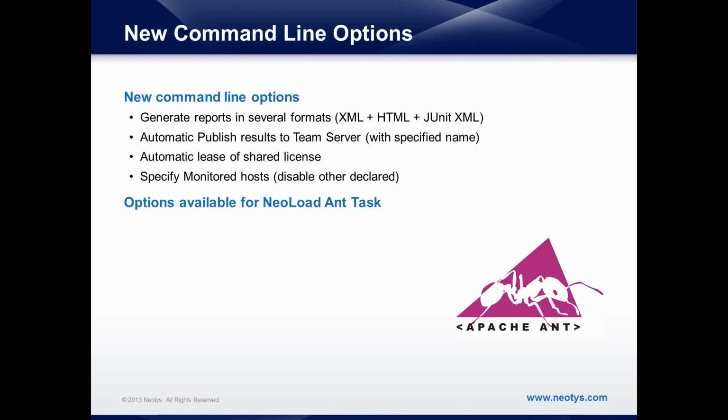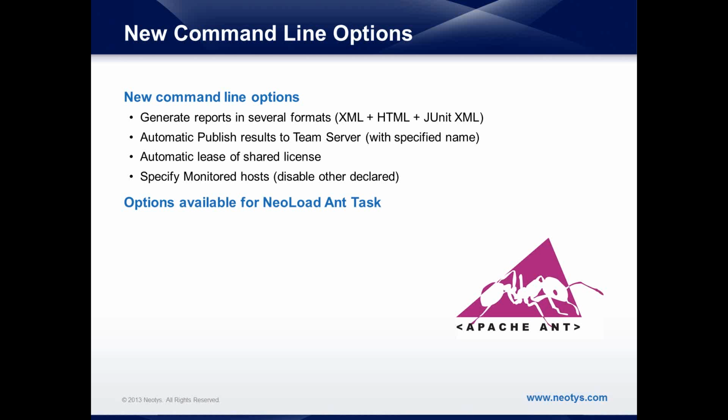New command line options. For those who are interested in scheduling the test, if you want to be integrated within a continuous integration cycle, or if you want to be more agile, it's always interesting to be able to schedule some tests automatically. I just want to let you know that you have a lot more options than before. In addition to scheduling the test, you can generate the reports in different formats: XML, HTML, JUnit.